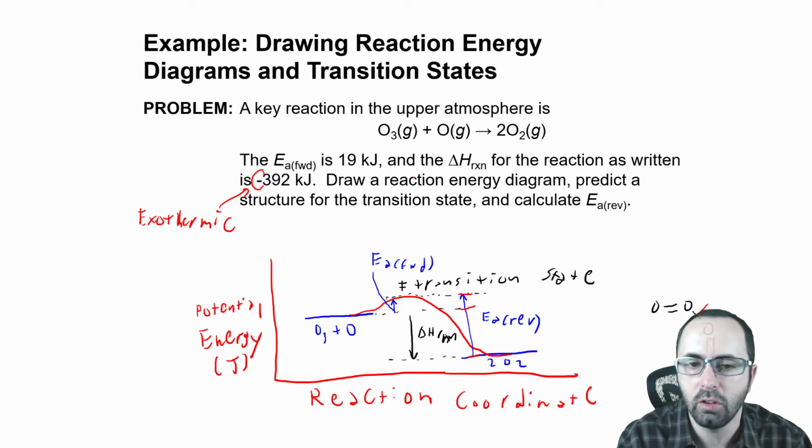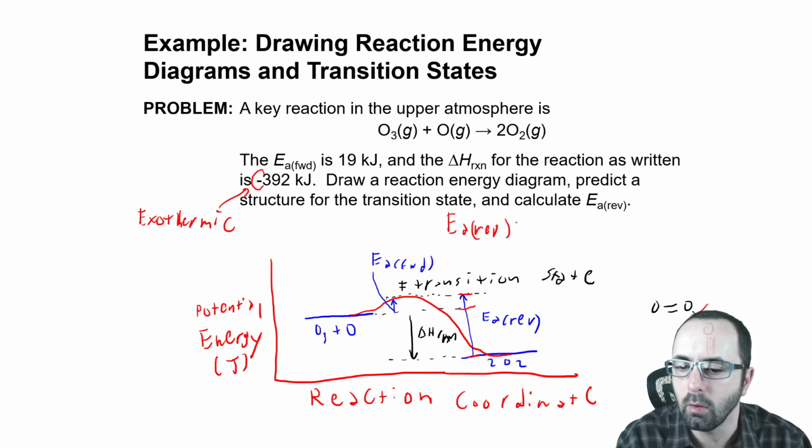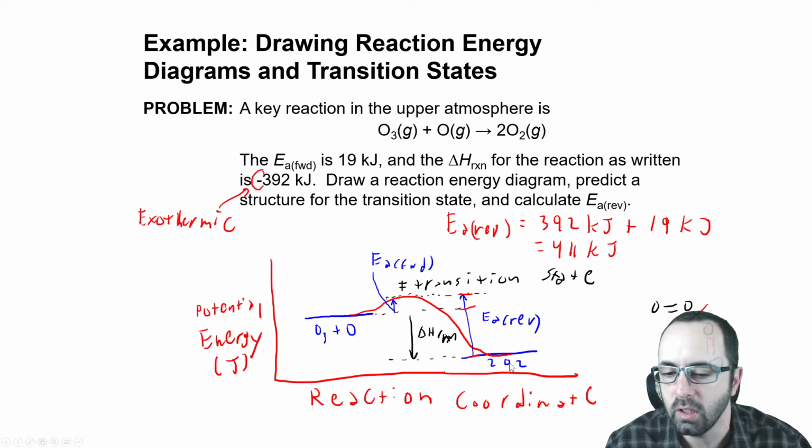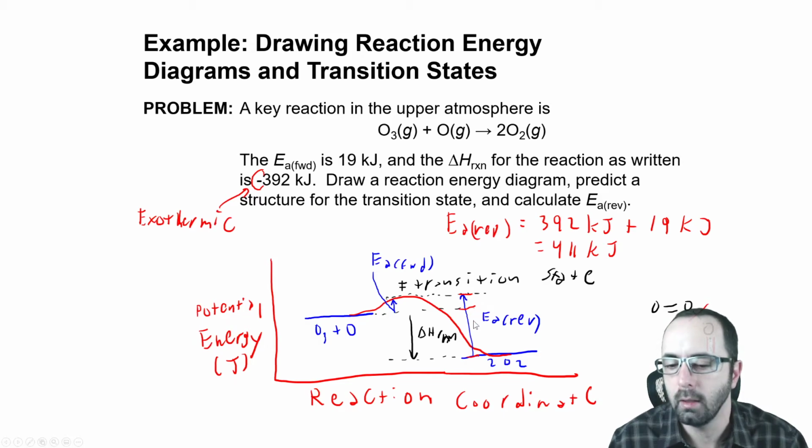So the activation energy reverse is going to be the 392 kilojoules plus the 19 kilojoules. So it's going to be 411 kilojoules, and this is positive because it's the energy that you need to put in to get from these reactants here to these products.